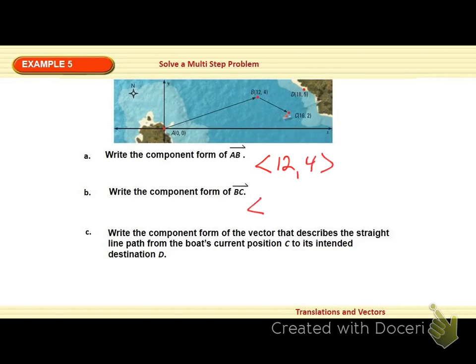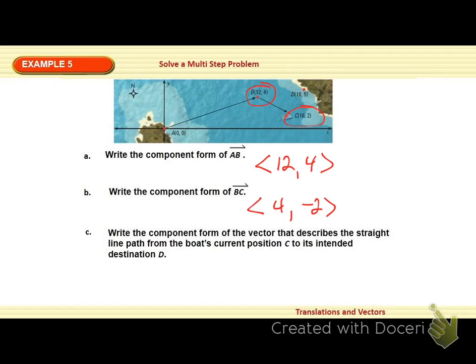BC. Well, from B, it went from 12, 4 to C, which is 16, 2, which means that the horizontal component increased by 4, so make that a 4, but the vertical component decreased by 2. So the vector from B to C would have to be 4, -2.